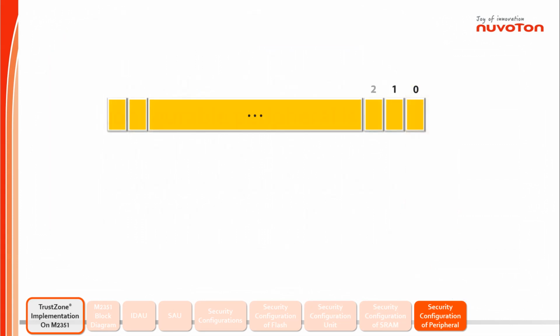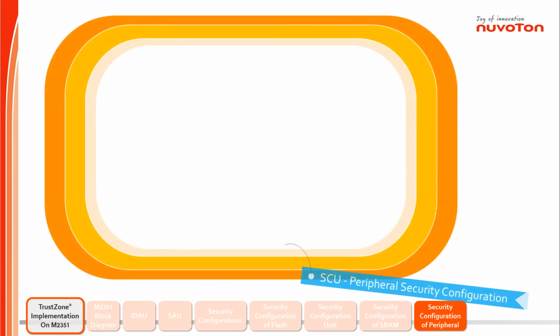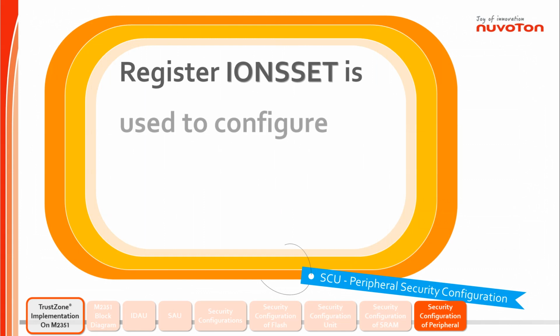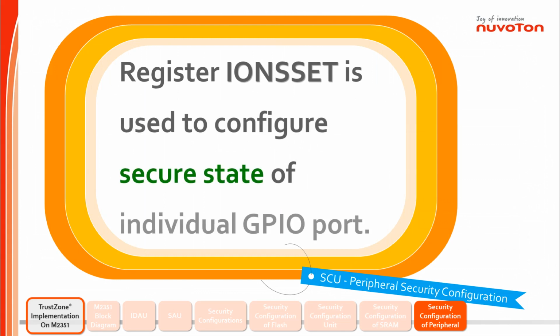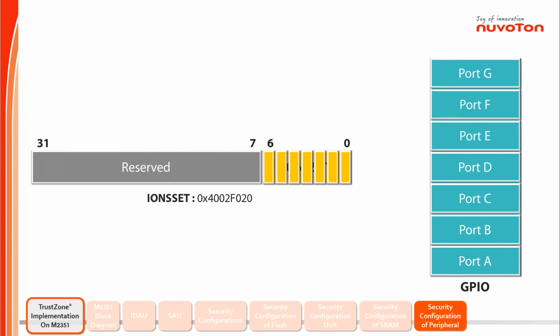Each bit in PNS set X register controls the security attribute of corresponding peripheral, where 0 for secure and 1 for non-secure. The GPIO ports are configured by register IONS set. Bit 0 controls port A, bit 1 controls port B, and so on. Similarly, 0 indicates secure state, and 1 indicates non-secure state.